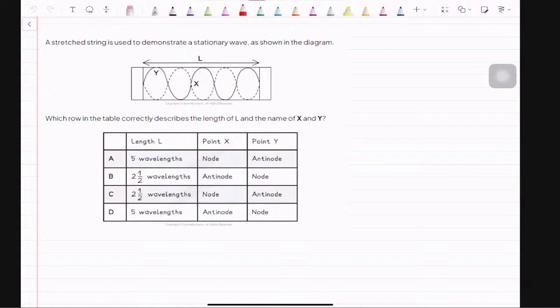C. Yeah, that's correct. Very good. All right.